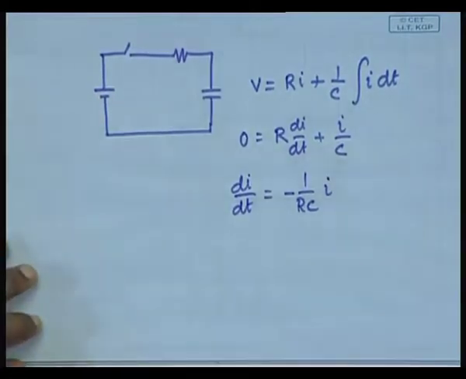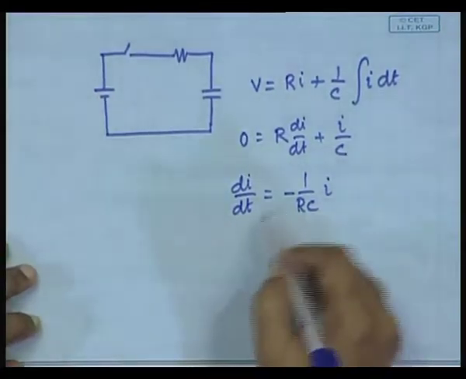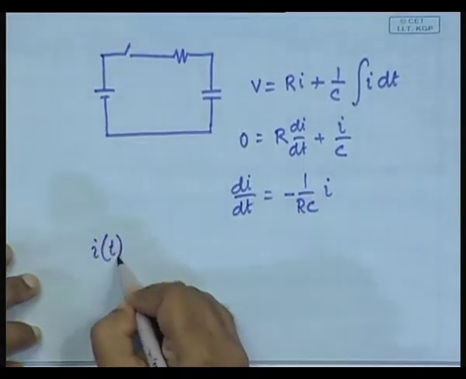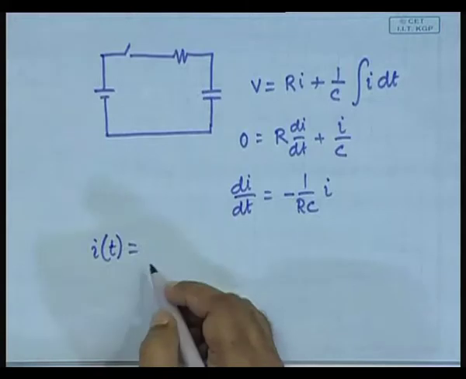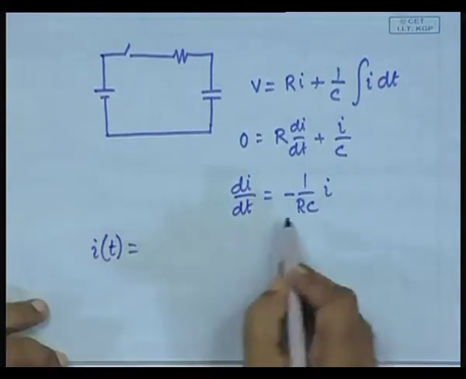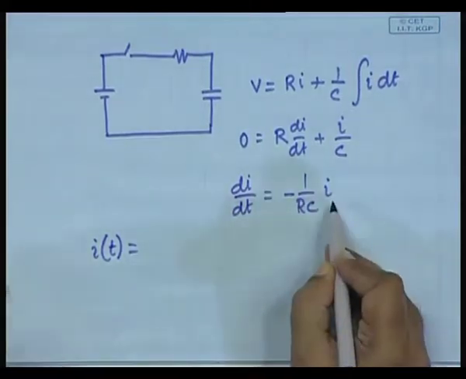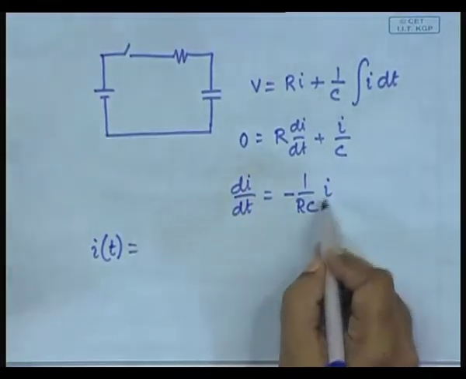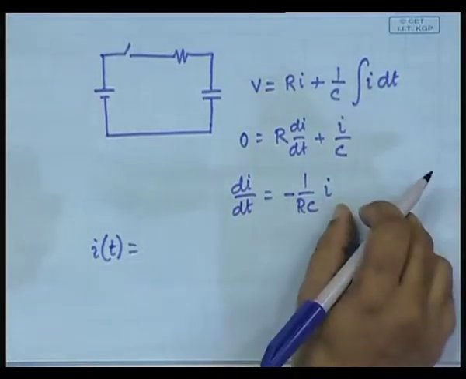Now, in the same way, if you obtain the solution, it will be I of t is equal to some initial condition. Remember that it has already come in the x dot is equal to a x form without the additional term. Why?